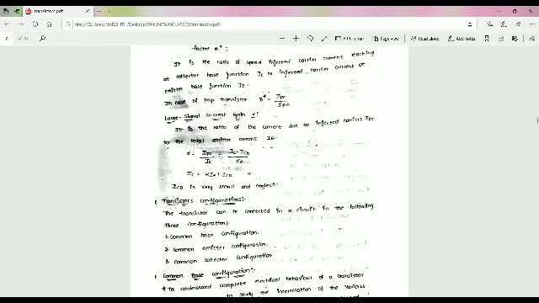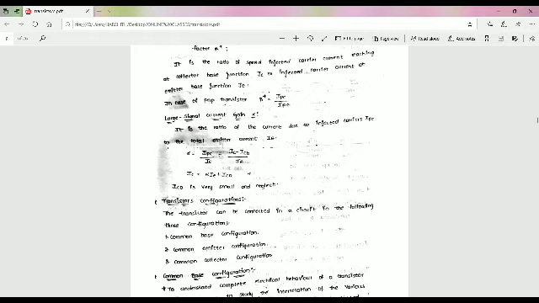Regardless of the circuit configuration, the base emitter junction is always forward biased and the collector base junction is always reverse biased to operate the transistor in the active region.